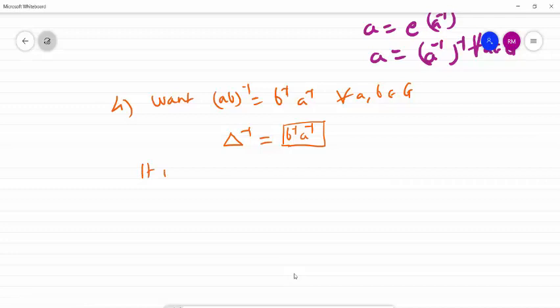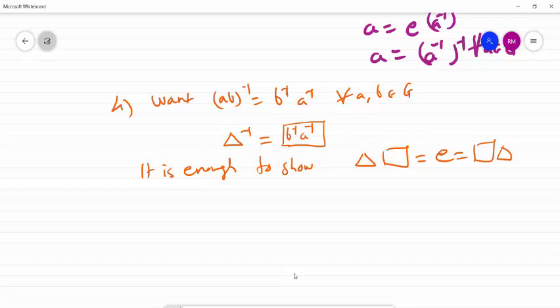So it is enough to show triangle into rectangle is equal to the identity element, and is equal to rectangle into triangle. Here triangle is nothing but AB, rectangle is nothing but B inverse A inverse.